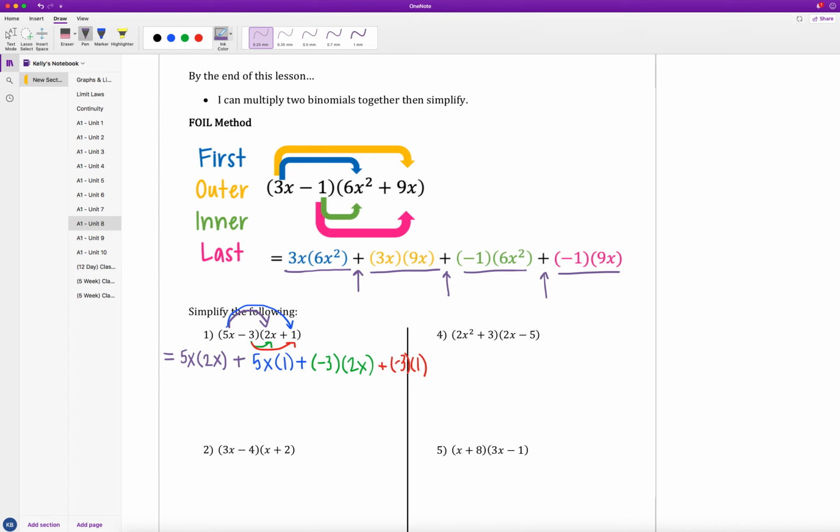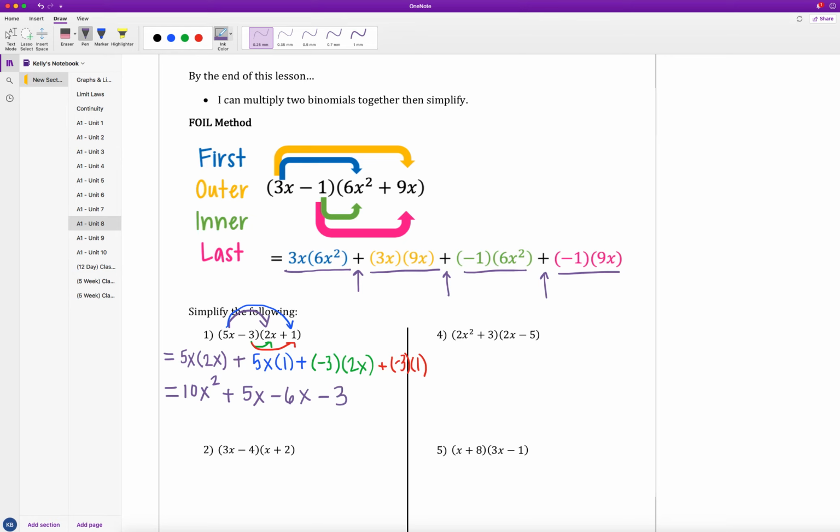From here, we want to multiply those all out. We know from properties of exponents that if I have the same base, I add the exponents. So 5x times 2x will give me a 10x to the second power, plus 5x times 1 will just give us 5x. -3 times 2x will give us -6x, and then -3 times 1 will give us -3.